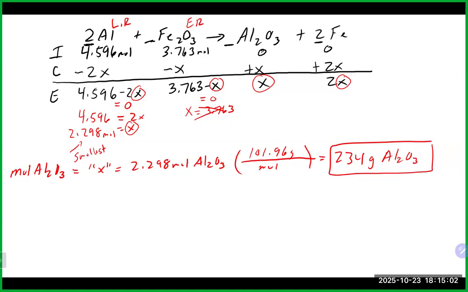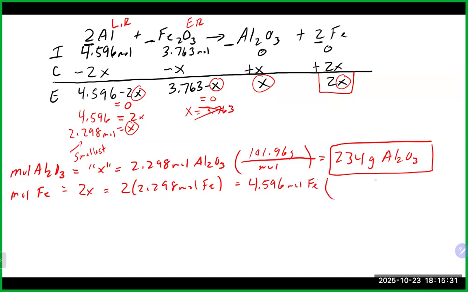Now, why is this also pretty great? Because I also want to know about the other product, iron. That's not going to be too hard at this point because iron at the end equals 2 times x, which means I would take 2 times my 2.298 moles of iron. And I will end up with 2 times 2.298 gets me 4.596 moles of iron.